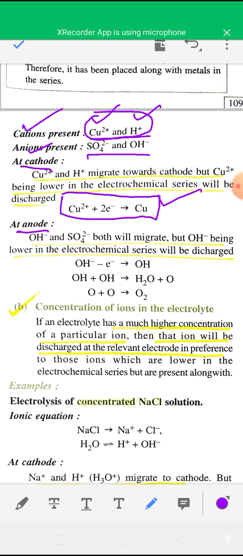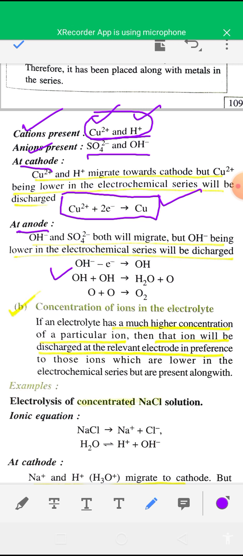migrate towards anode, and as the position of OH- ion in the electrochemical series of anion is lower than SO4 2- ion, OH- ion will migrate toward anode and will be discharged at anode more easily.